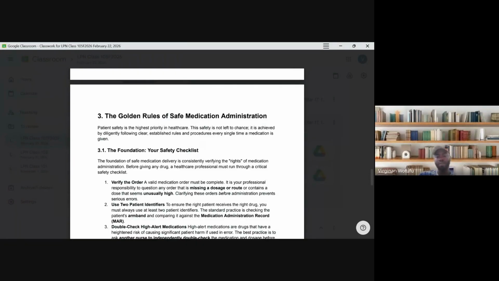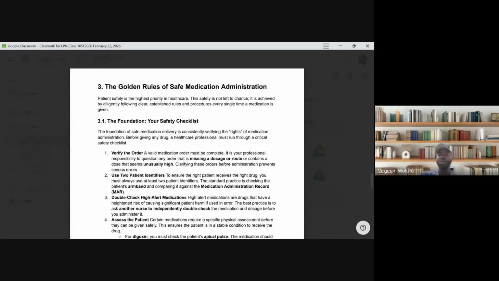If a medication order is not complete or you don't understand it, you re-verify with the provider. You don't assume or think on your own. If you don't understand the dosing or the route, or it's written in language or a short form you don't understand, you re-verify the order before you proceed.